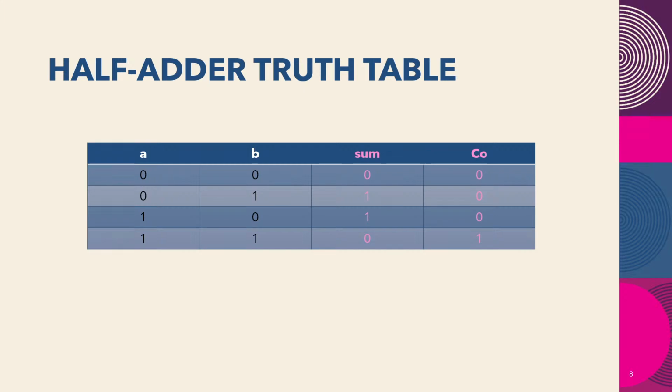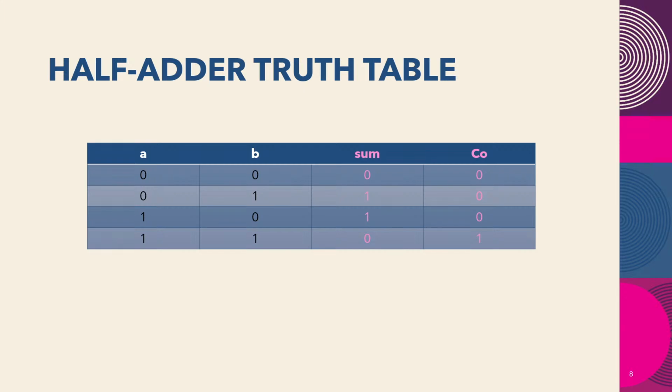And now look at the carryout operation. This is the AND gate. What is an AND gate? Well, an AND gate says if both A and B are 1, then the output is 1. And all the other cases, the output is 0. That's an AND gate. You can implement a half adder with logic gates by simply putting the inputs of A and B into the exclusive OR and the AND gate.